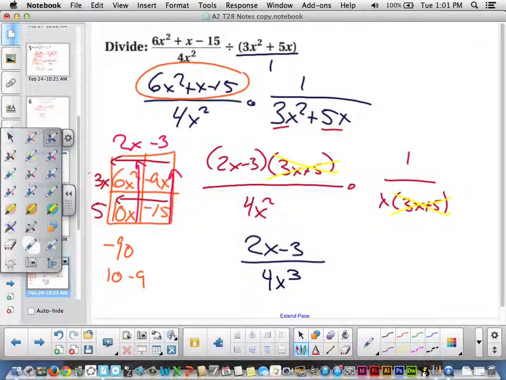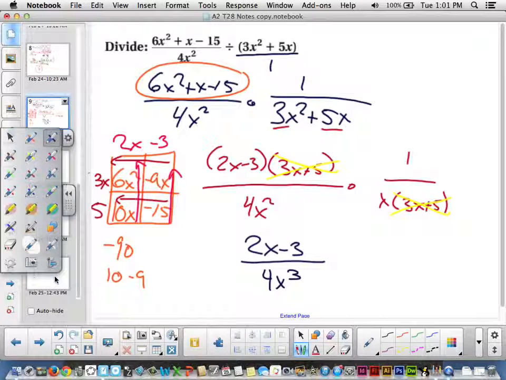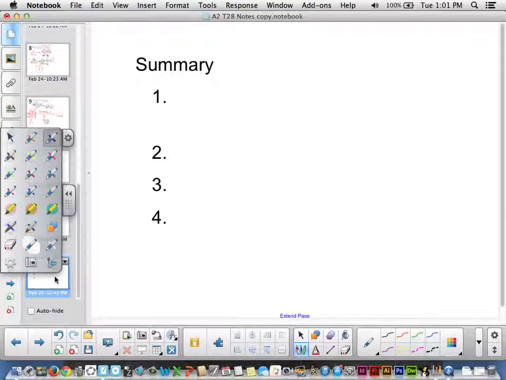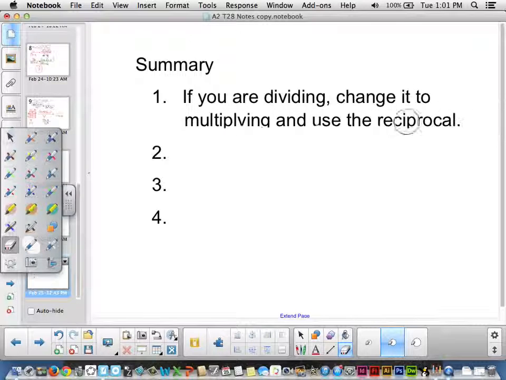All right, so in summary, to multiply or divide with rational expressions. Step 1, if you're dividing, change it to multiplying and use the reciprocal. So you're always going to be doing the same thing. You're always going to be multiplying.